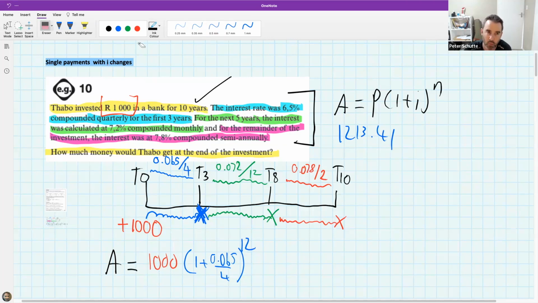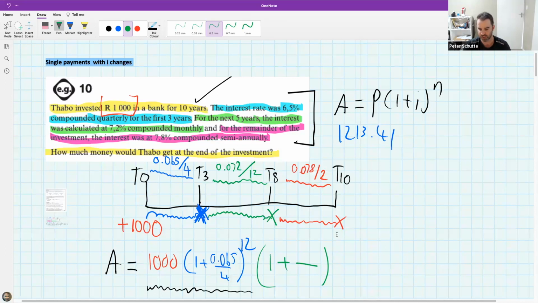So how does that work? Well, what we do is we open up another bracket and we treat this first bit as if it's the p-value or the input value in the calculation. But you need a bit more. So what's going to go here in this fraction that I've left out now? What's going to go in the fraction there? That's going to be the next bit of journey from the interest rate between the 3rd and the 8th year.